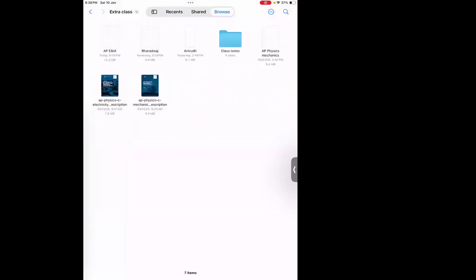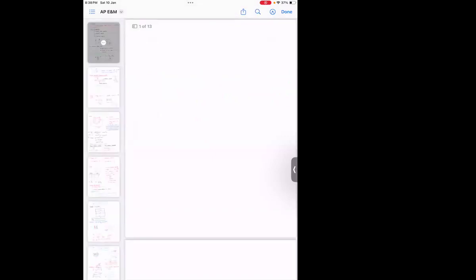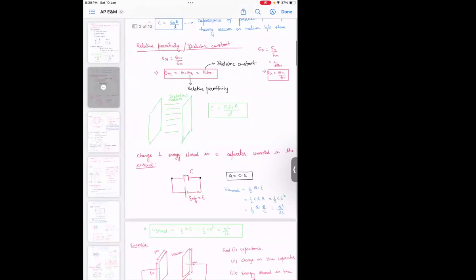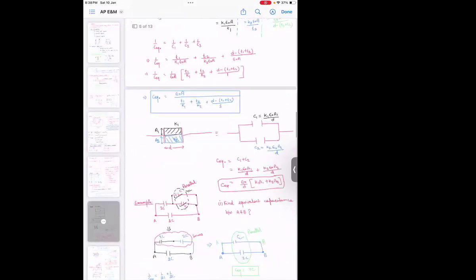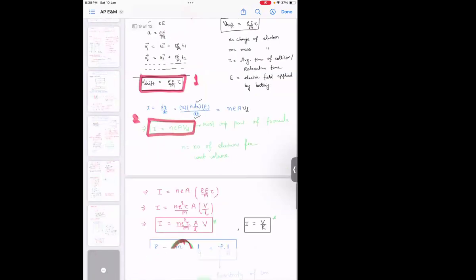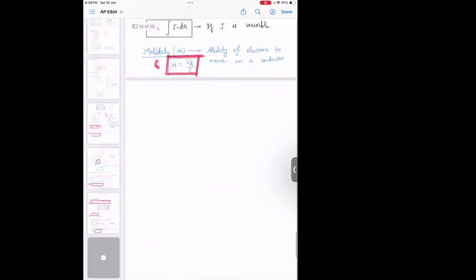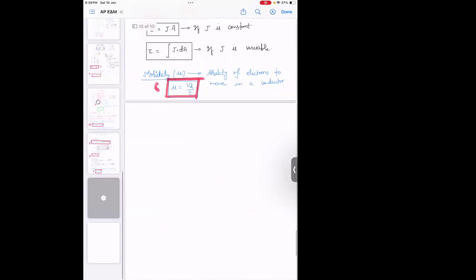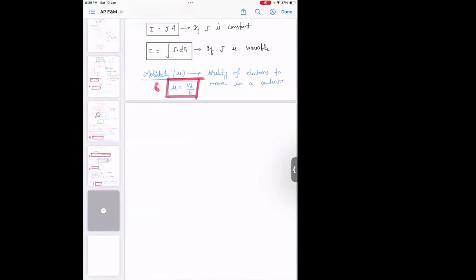They can't move anywhere. So whenever movement happens in a conductor with the application of field, it is the movement of the electrons, okay? Because electrons are free to move in a conductor. Is that clear? Please tell me. It's the electron which moves in a conductor.